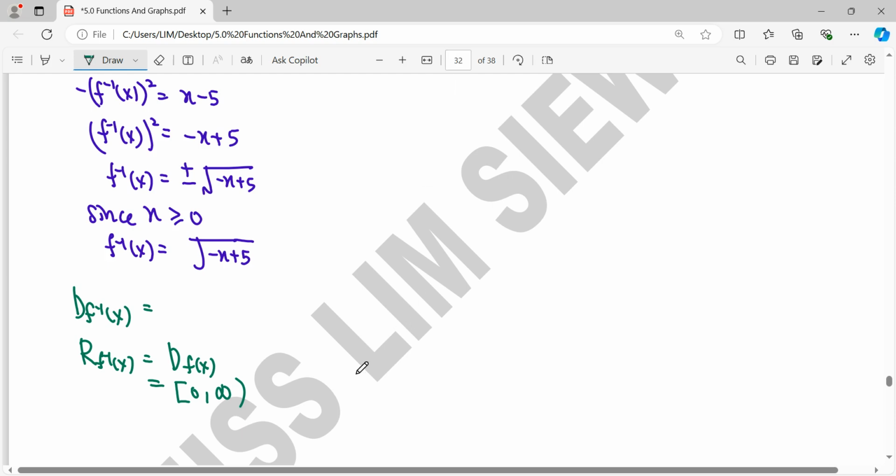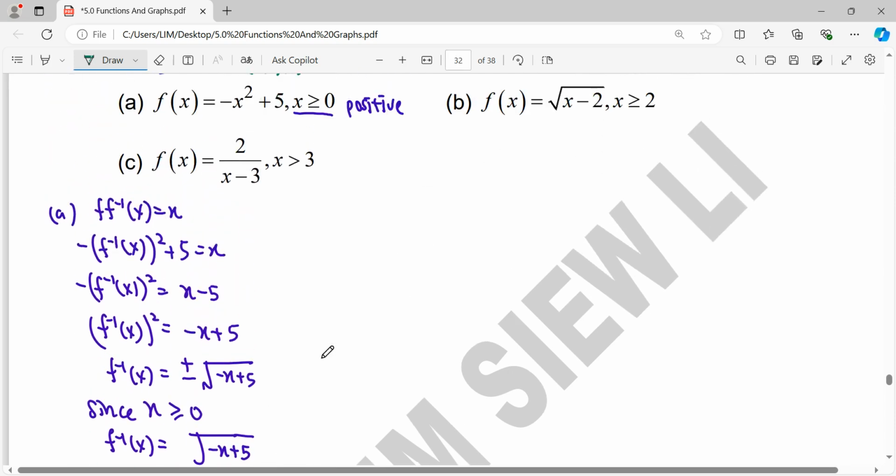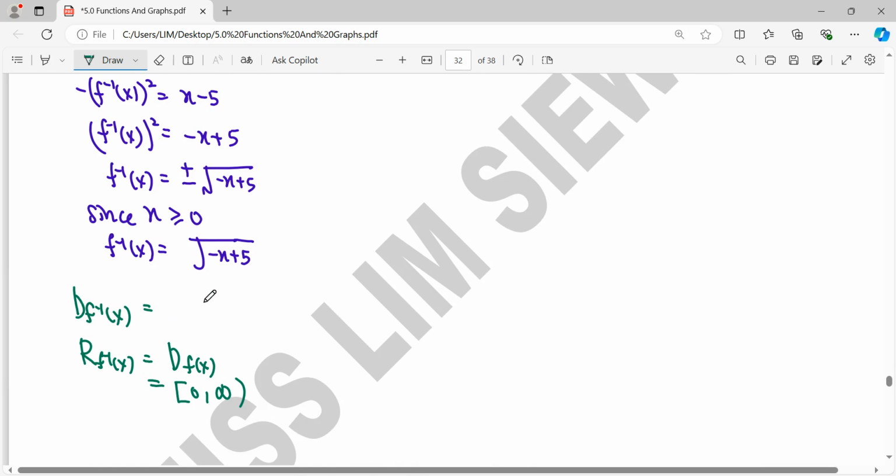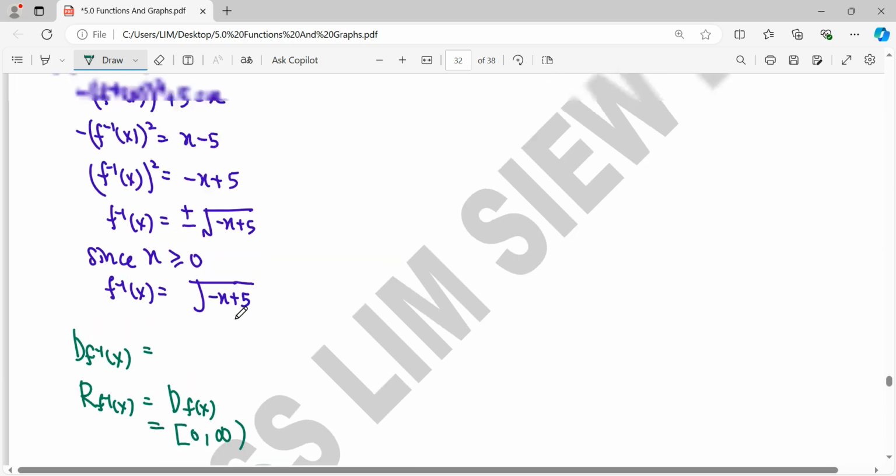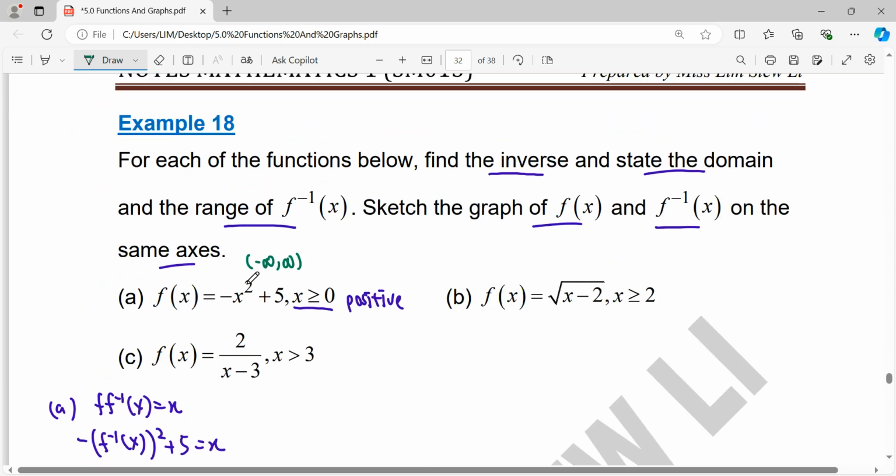And then what is the range of the function? What is the range of the inverse function? What's the range for this function to be the domain of the inverse? So we have to draw this roughly, seeing that negative x squared plus 5, negative x squared going down, plus 5 means the maximum here is 5. They're only taking the positive side, so this side is not included.